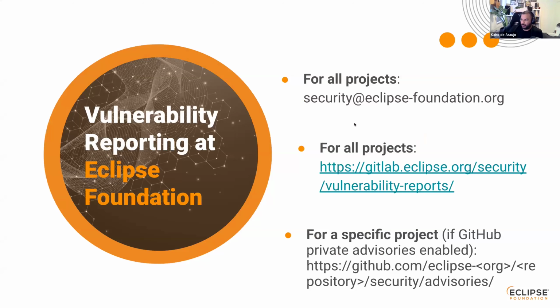To highlight here the main topics in that part, how we do this, of course, we go into details on those. For our projects at Eclipse Foundation, we have one single email that is security@eclipsefoundation.org. This email will be handled by the security team. And for our projects at GitLab, we have the vulnerability report that you can use to follow the reports that are sent to us.